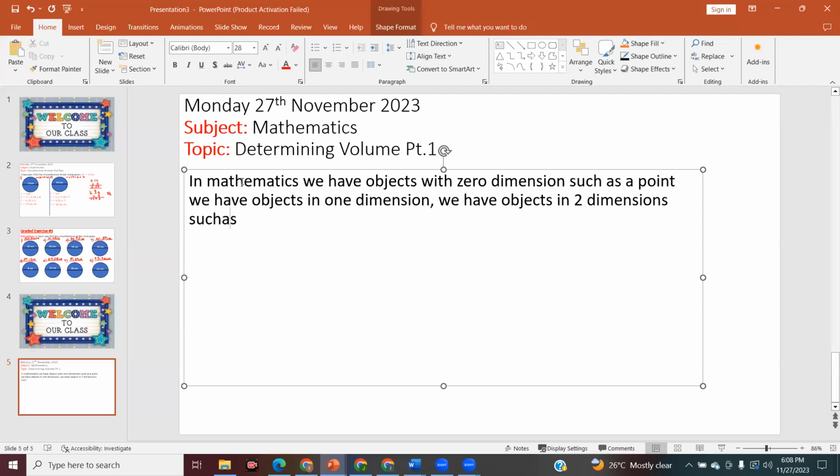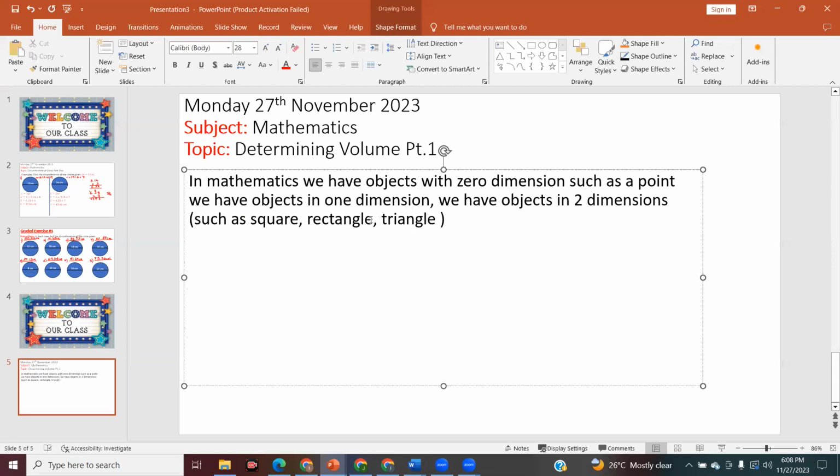Such as a square, a rectangle, a triangle.